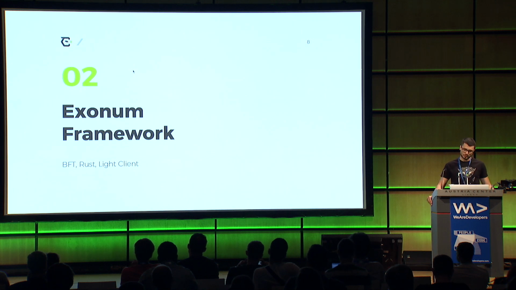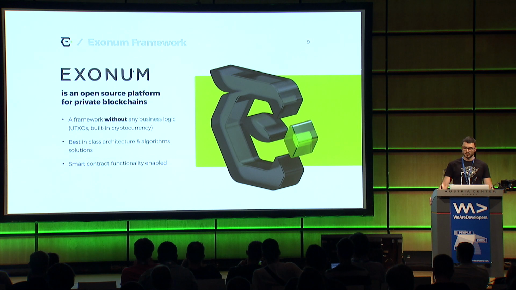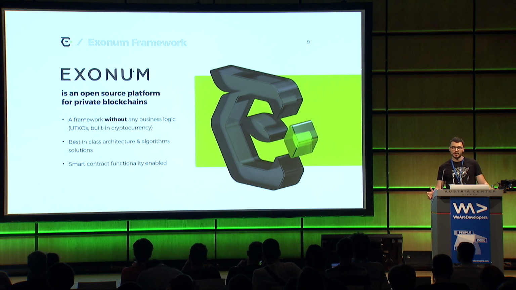Let's talk about our open source framework, which is called Exonum. I also wanted to tell you about some cool features that we have. First of all, this is an open source platform, and everyone knows what it means for the market. And also, this is just the framework, so we don't have any built-in logic, any cryptocurrencies or UTXOs or something like that.